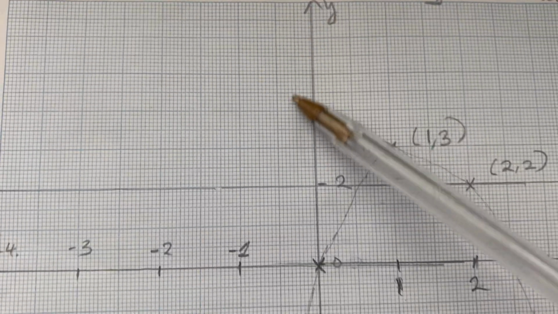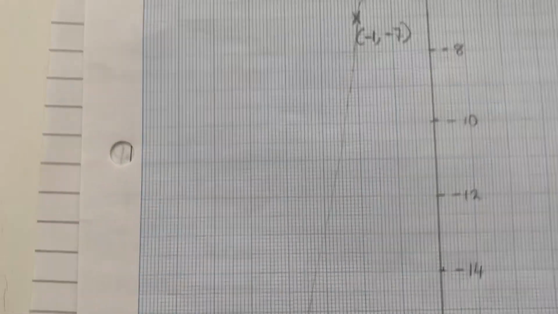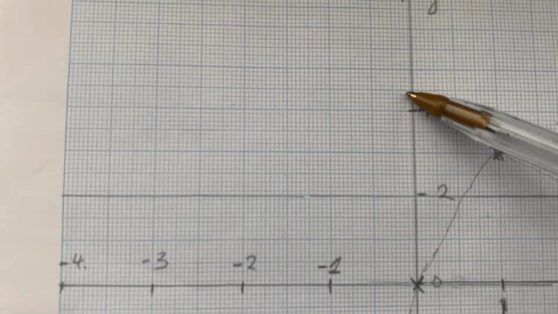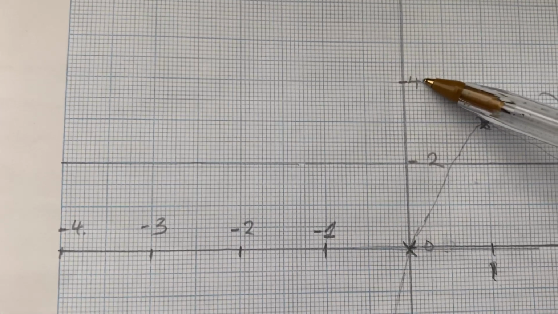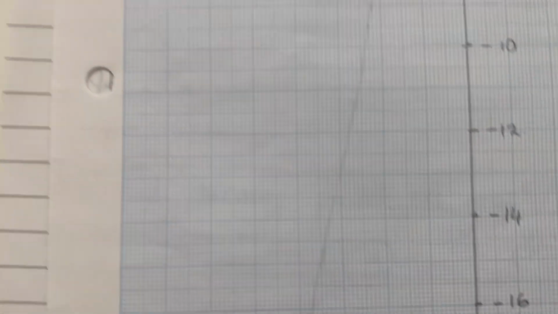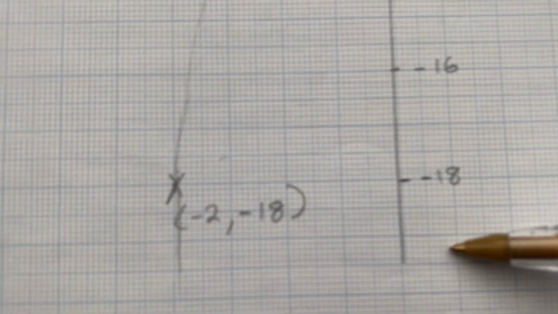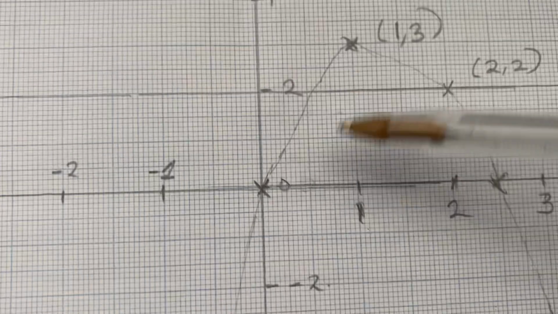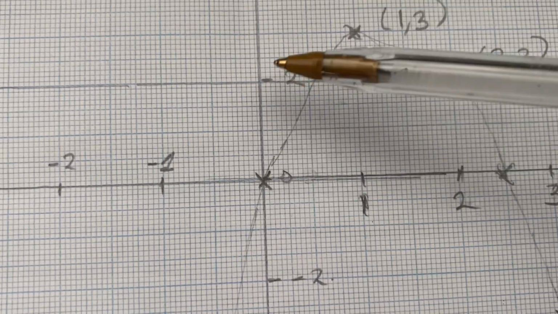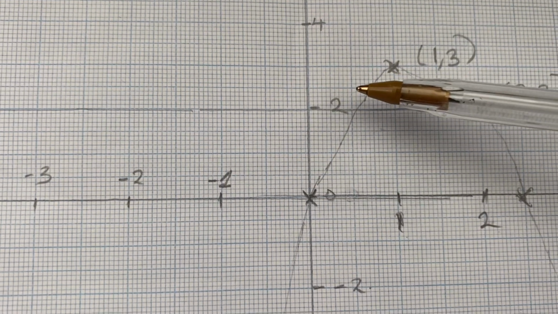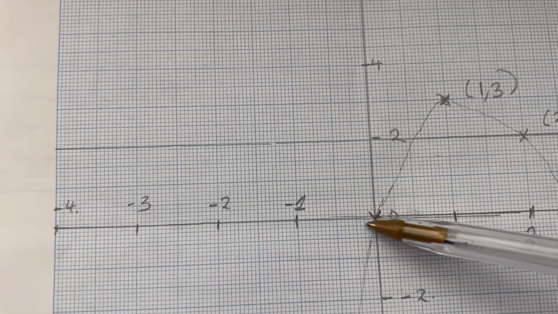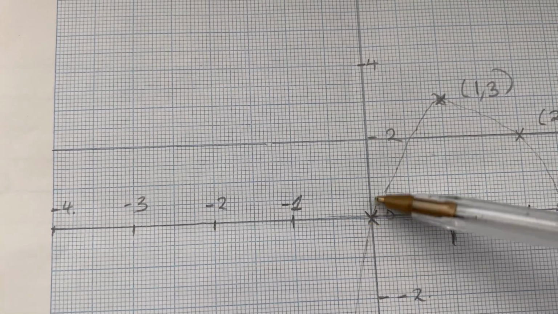That is my y-axis, and that is my x-axis here. For the y-axis, I only started from +4 because I need -18, so I had to push the x-axis a bit upward. As you can see, equal intervals, that is the origin.